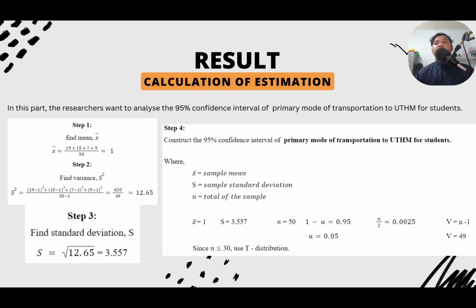Next, we need to divide the alpha value by 2 to get 0.025. Next, we're going to find the value of v, which is n minus 1, and we got 49. The value of v and the value of alpha we're going to use in our next slide, which shows the table for this calculation.